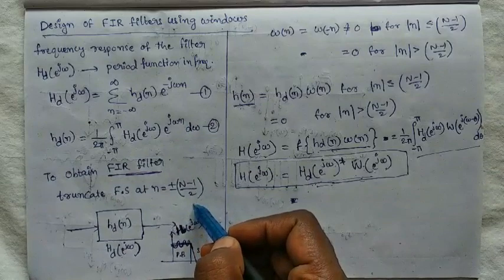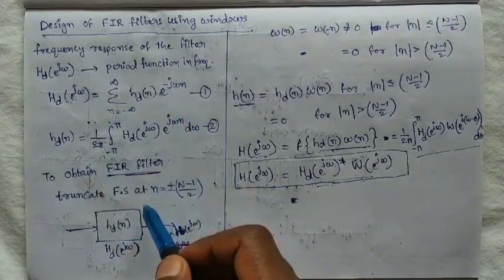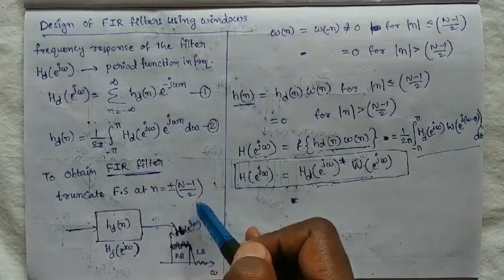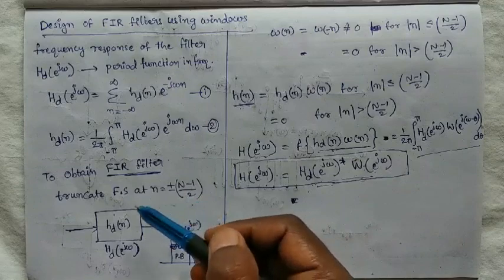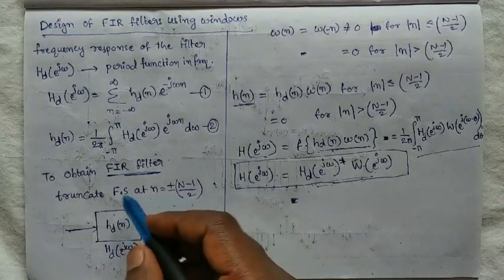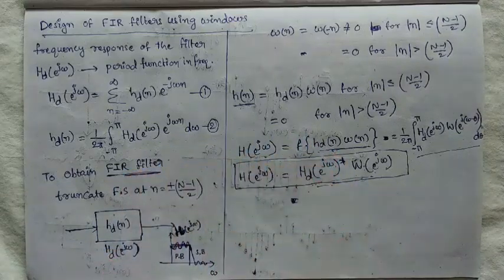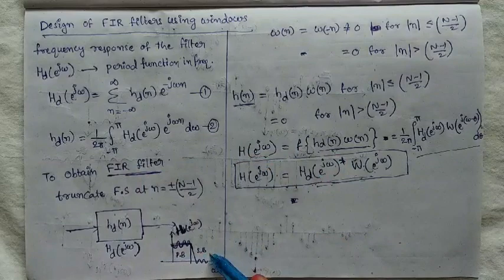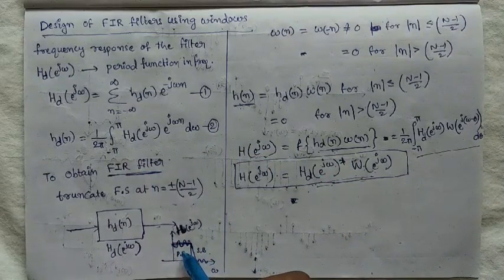Due to this abrupt truncation of the Fourier series, there are oscillations in both the pass band and the stop band.